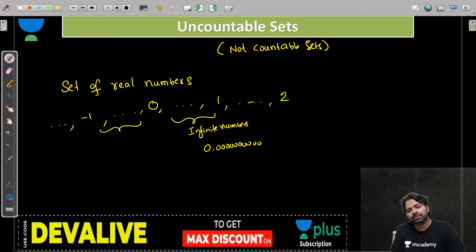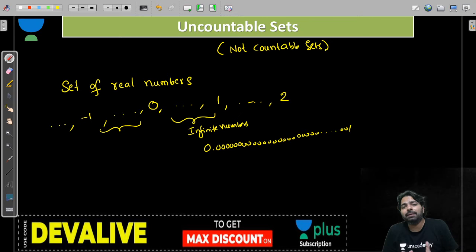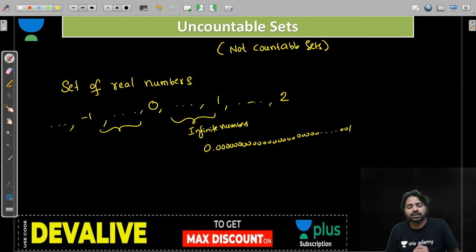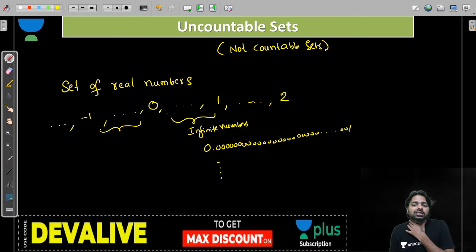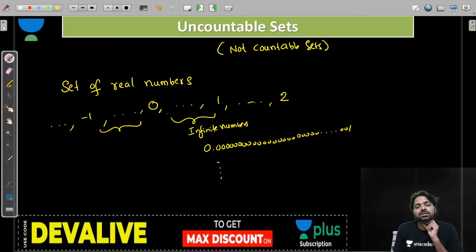The number itself never ends. Who is the next number to 0? You can't write it all. This is not enumerable at all. So how can you map this to a countable set? It is going to be very difficult to understand every real number in the real set. In between 0 and 1, infinite real numbers are there. Set of real numbers is a well-known uncountable set.